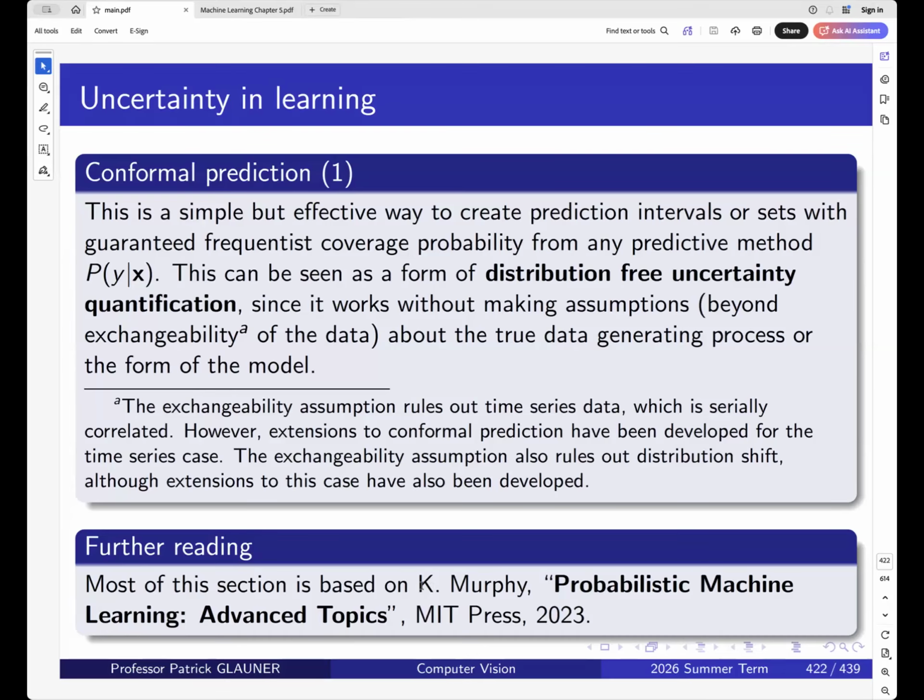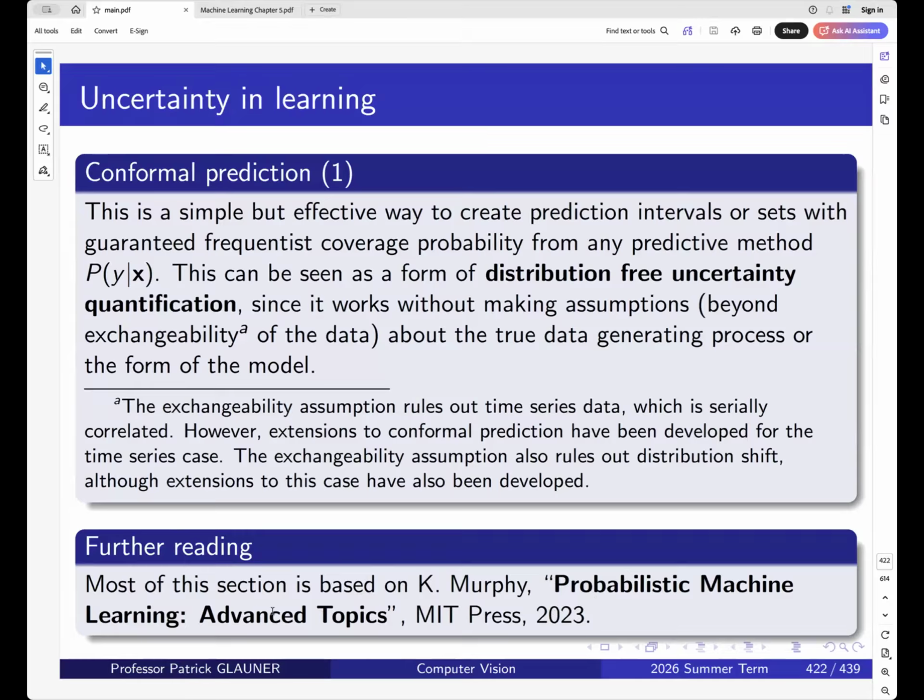I have not studied the Murphy book too much. Other people have studied it more, but it's just one of different philosophies in machine learning textbooks. But the Murphy book still has some interesting aspects in it.